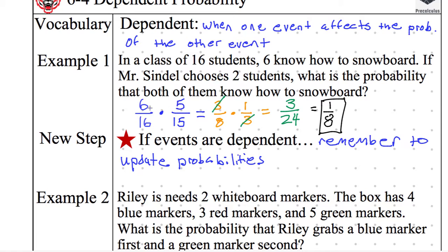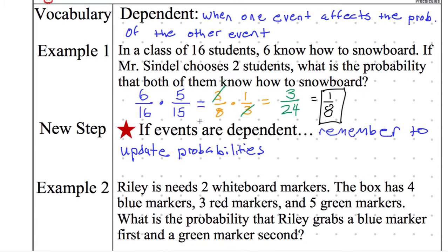So this one we didn't need to update because it was the brand new problem, but this probability we did have to update because we chose a student from this pool, and that's why it changed. So just remember to update them.